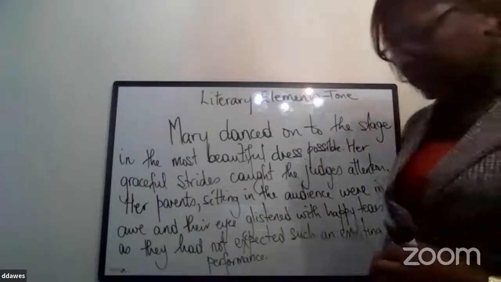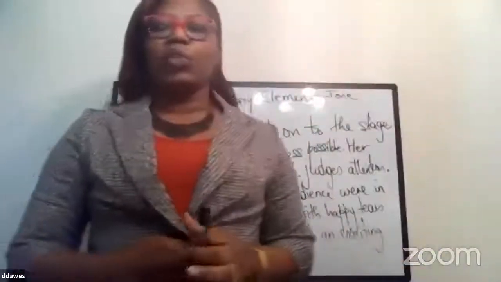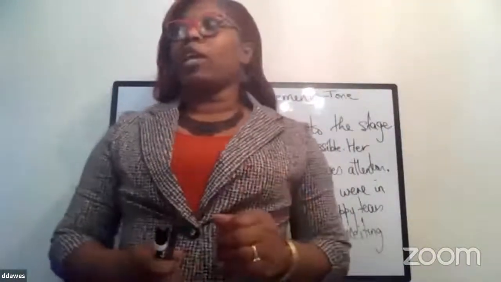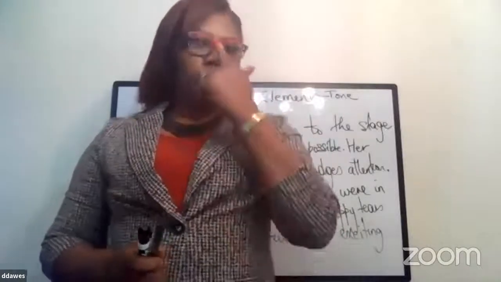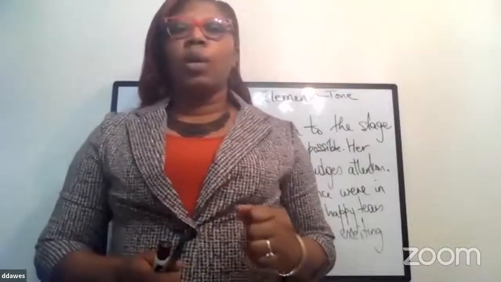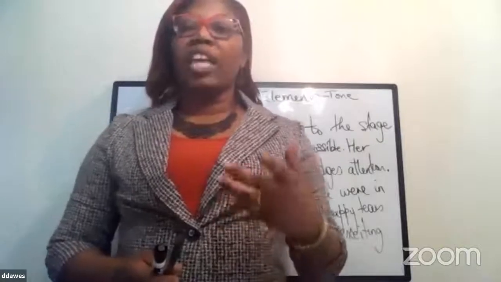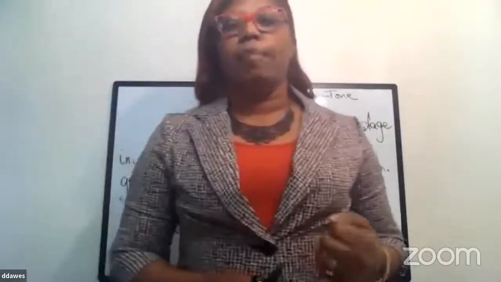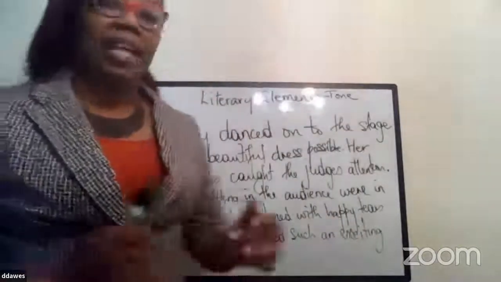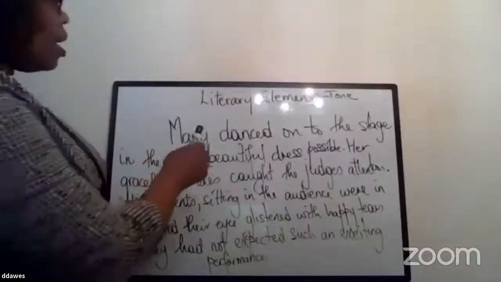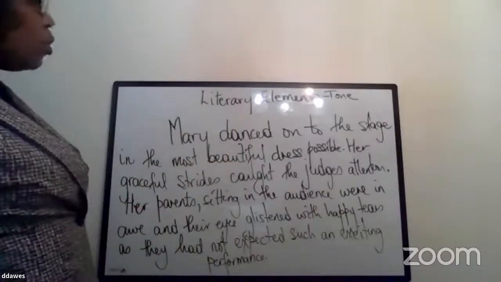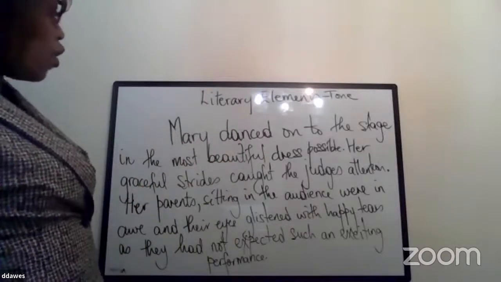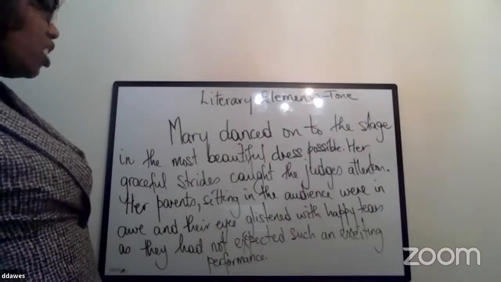Okay. So you would have already read that. So remember, we're looking out for specific words that the writer would use so as to express how he or she feels about the subject that he or she is speaking on. Let me read it again. Mary danced onto the stage in the most beautiful dress possible. Her graceful strides caught the judge's attention.